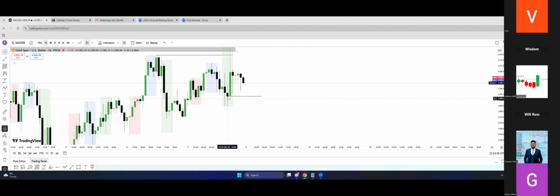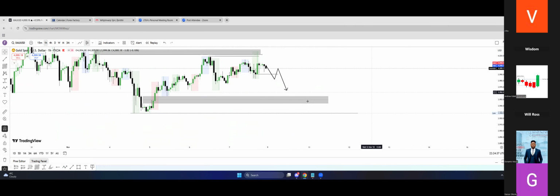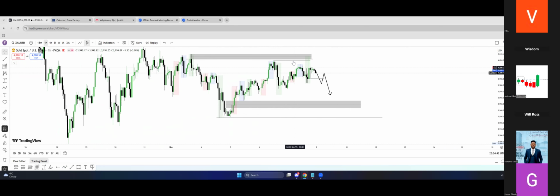But until price takes out this low, then price has been invalidated. Now we are looking for a way to go lower, probably to this inefficiency, because that is where price did change character before. So now you can look to target this level and probably continue higher.